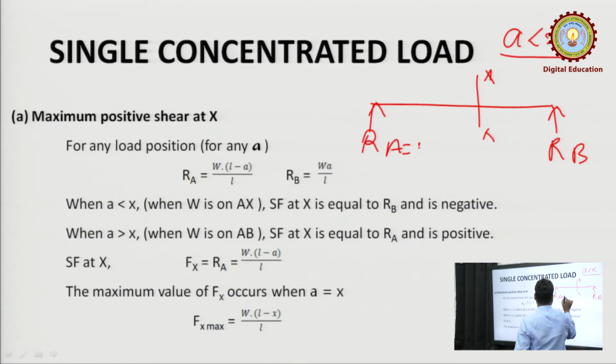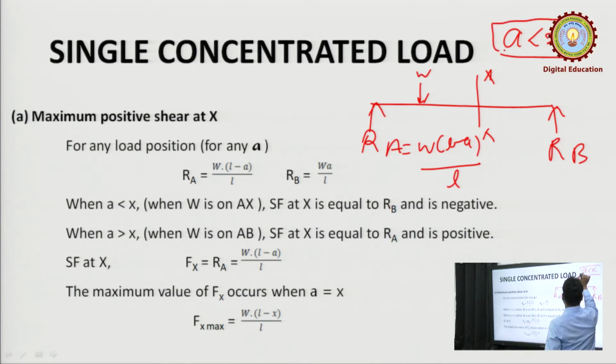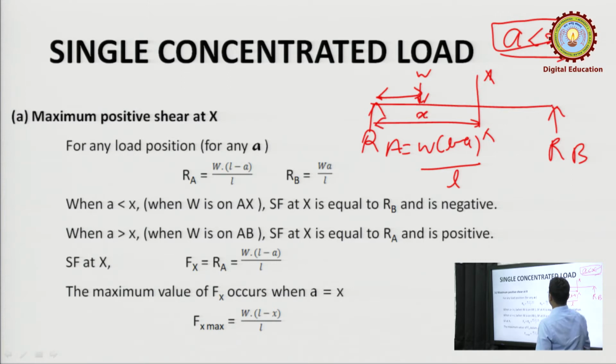We found W into L minus A upon L, and the unit load is working here because we have given A is less than x, between A and X. In that case, shear force is equal to RB. Why is shear force equal to RB, and it will be negative?